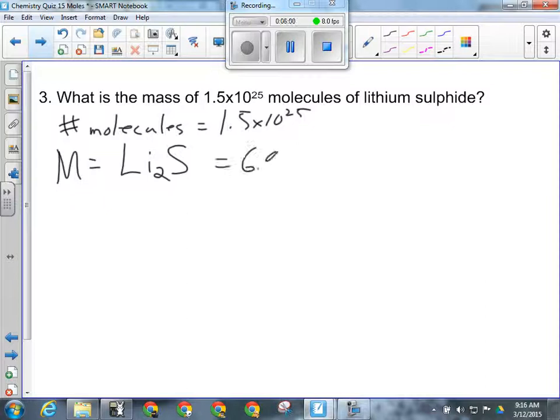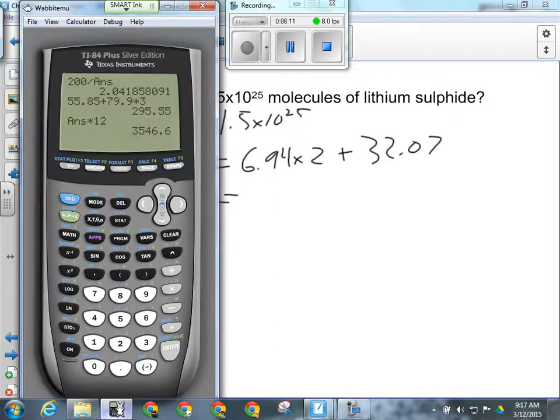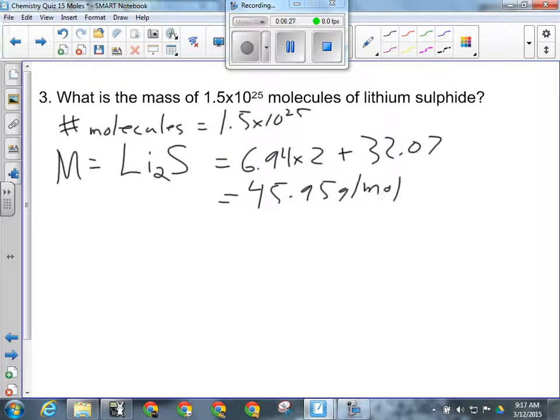So we've got 6.94 times 2, plus our sulfur, 32.07. So 45.95 is our molar mass, so there's their givens mark.